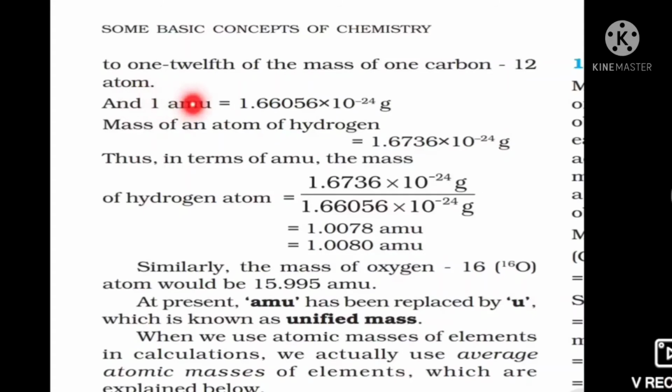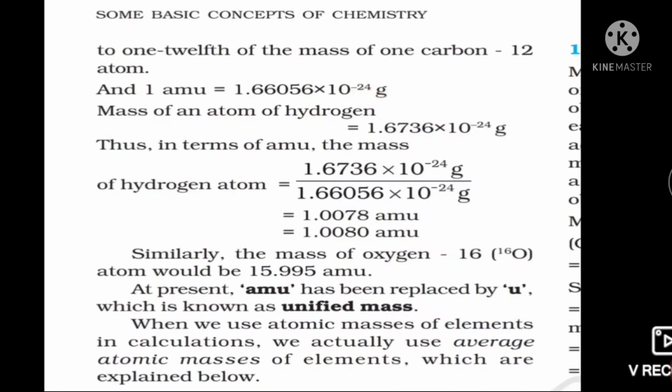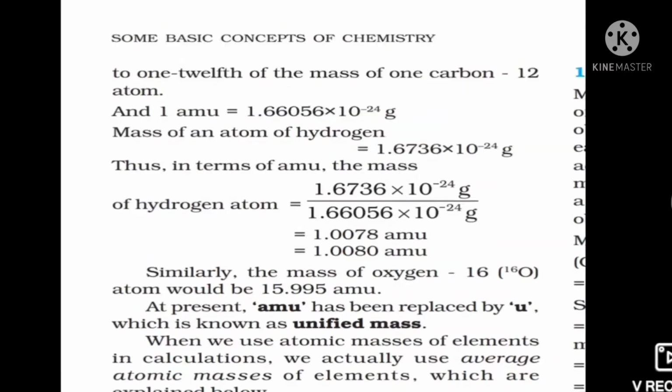1 AMU equals 1.66056 into 10 to the power of minus 24 gram. AMU means 1/12th of the mass of the carbon-12 isotope. The mass of an atom of hydrogen in grams equals 1.6736 into 10 to the power of minus 24 grams.